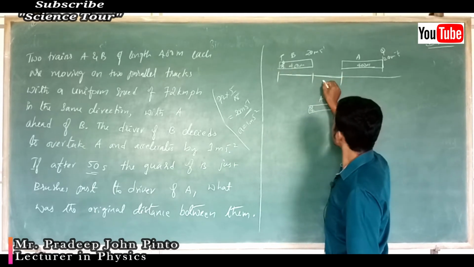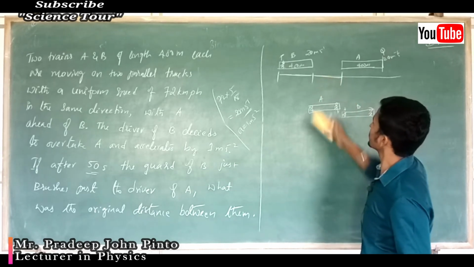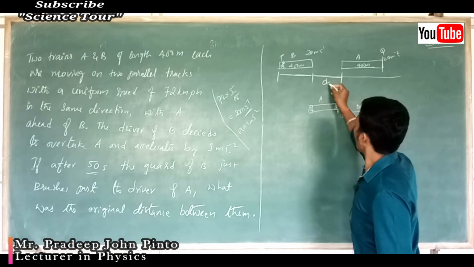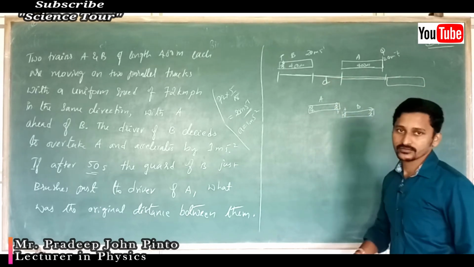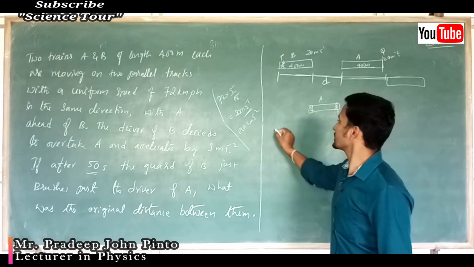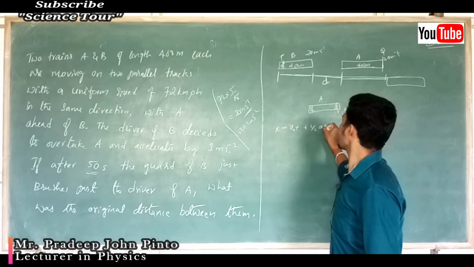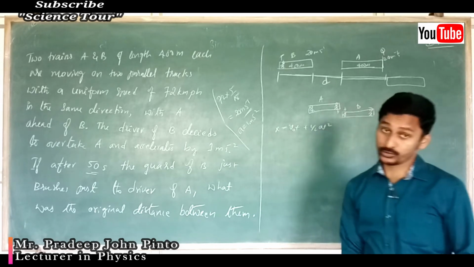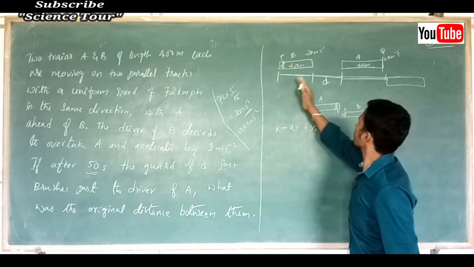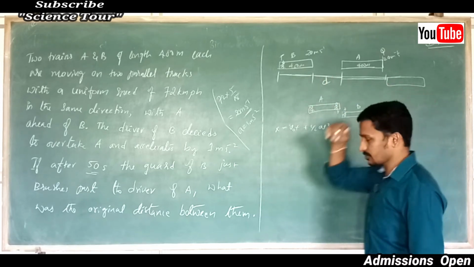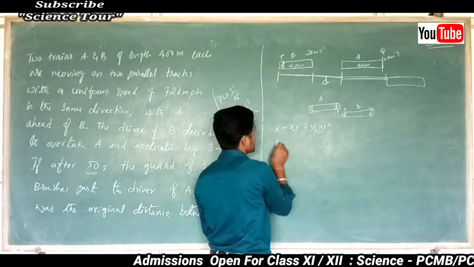Before that, the distance was, I will write X or D. The distance he will move is V naught T plus half A T square. Suppose A was at rest, B is overtaking, then X is nothing but D.